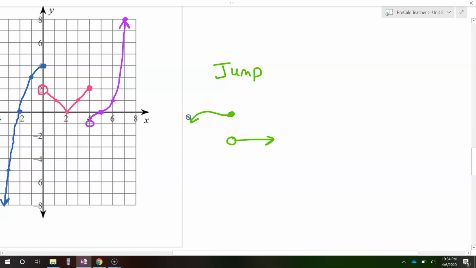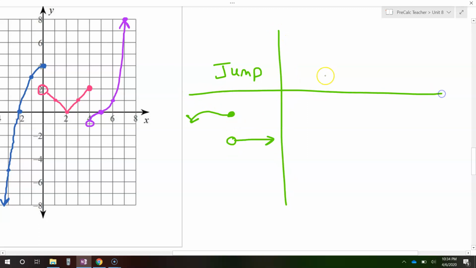Okay, that's what a jump discontinuity looks like. There's a gap. Another type of discontinuity is a removable discontinuity. A removable discontinuity is basically a hole in the graph. It's a single missing point.